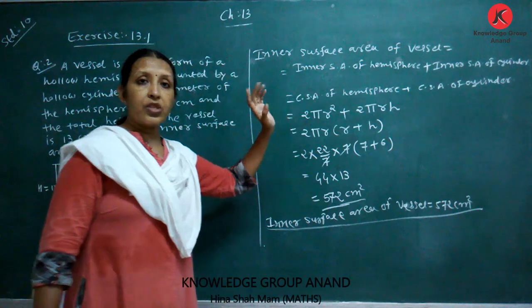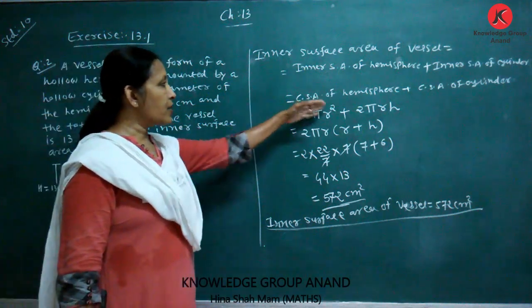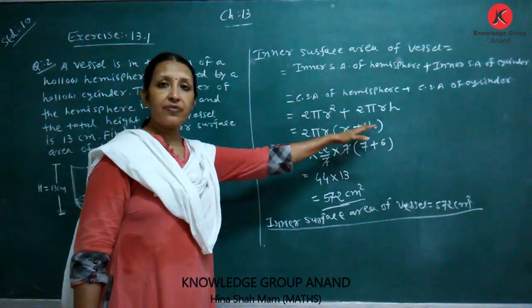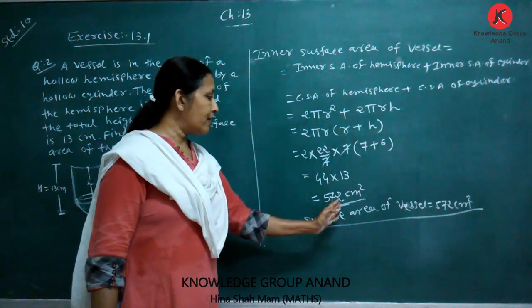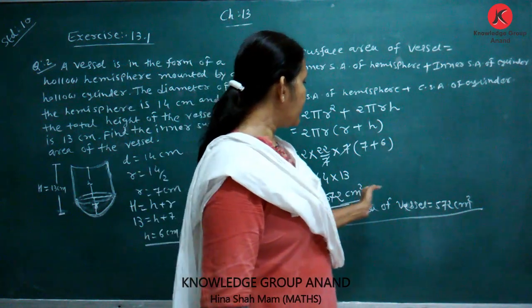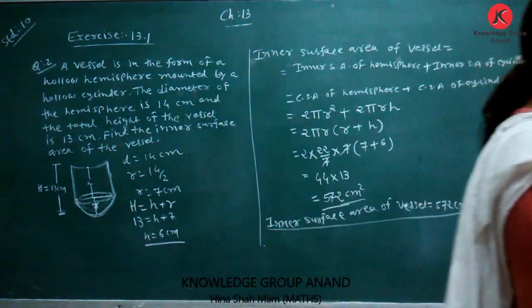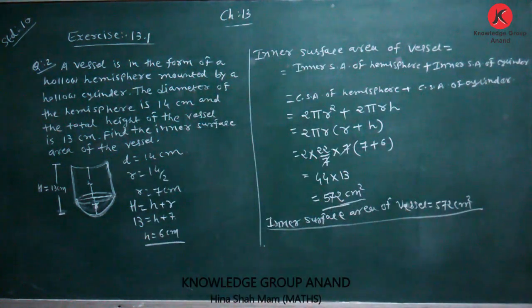Now two steps: calculate curved surface area of hemisphere plus curved surface area of cylinder, 2 pi r square plus 2 pi rh. Then the answer is 572 centimeter square. The inner surface area of the vessel is 572 centimeter square.